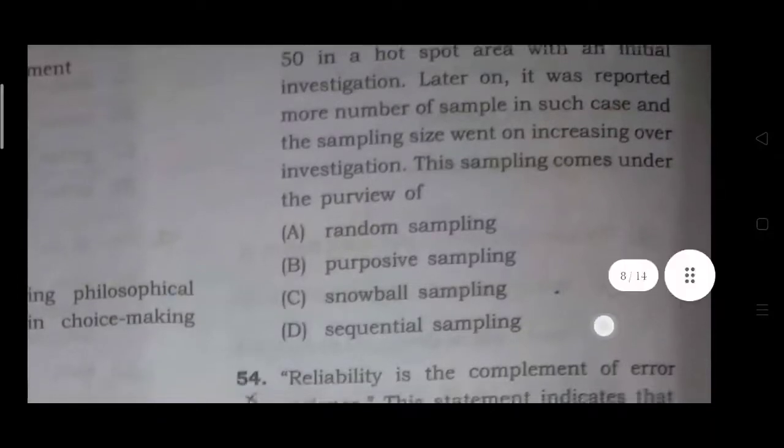The sampling comes under the purview of which will be the correct answer here. Here it discusses the pandemic situation, and the corona positive was found to be 50. Here the study is what kind of sampling? Option C is the correct answer, that is snowball sampling.